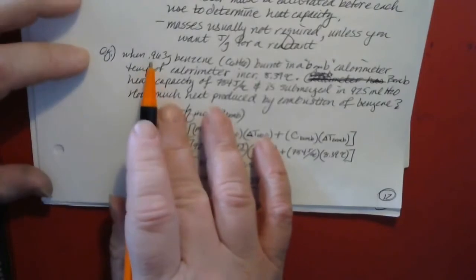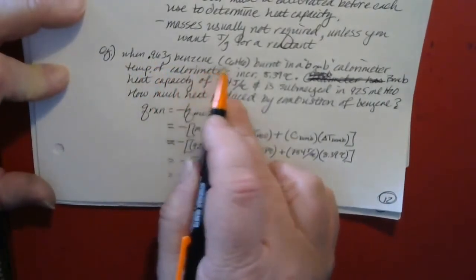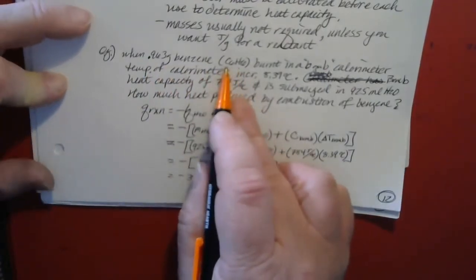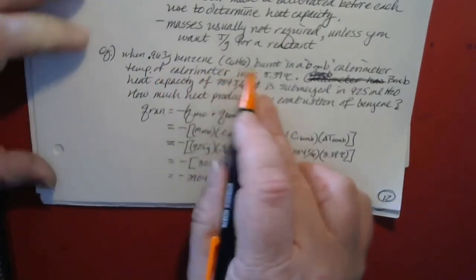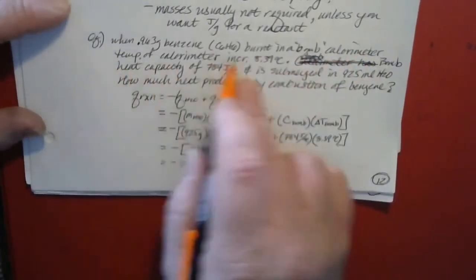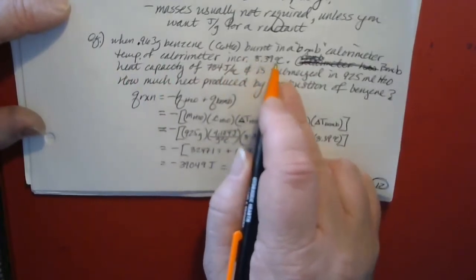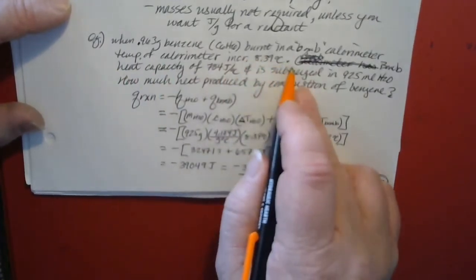An example of a combustion reaction would be, say, 0.963 grams of benzene, which has the formula C6H6, is burnt in a bomb calorimeter, and the temperature of the calorimeter increases by 8.39 degrees Celsius.